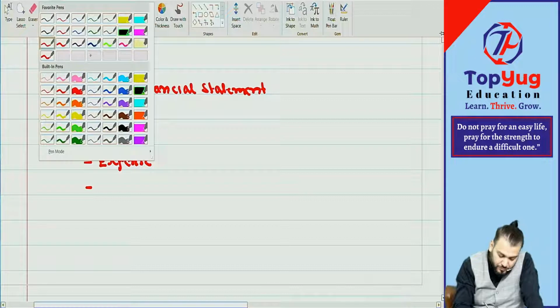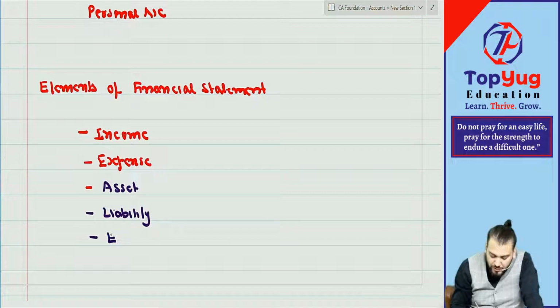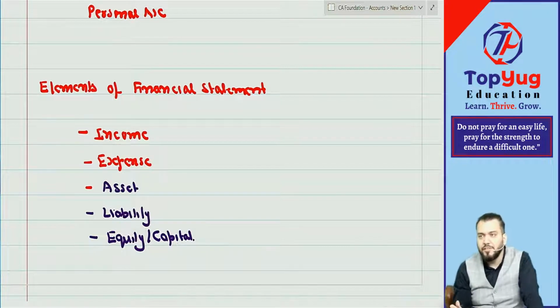Asset. Then what? Liability. And then we call it equity. Equity, or sometimes we can also say capital, but equity is the right term. Equity and capital are interchangeable words. We'll discuss this, but when I am saying equity, equity means capital, capital means equity.